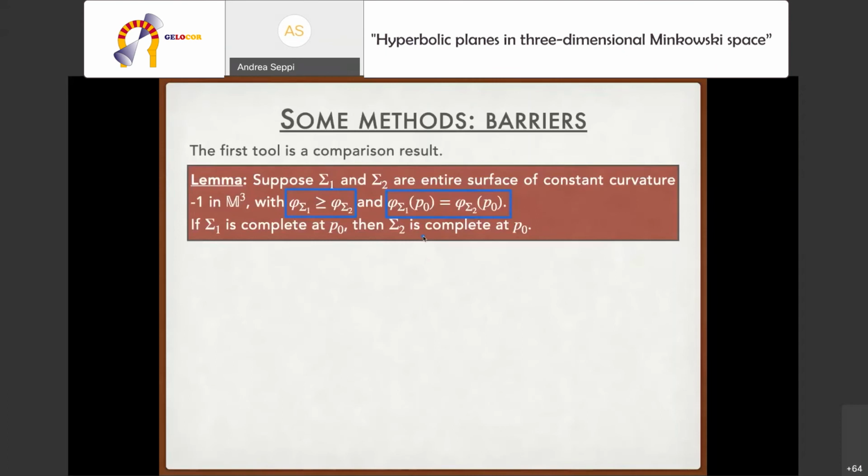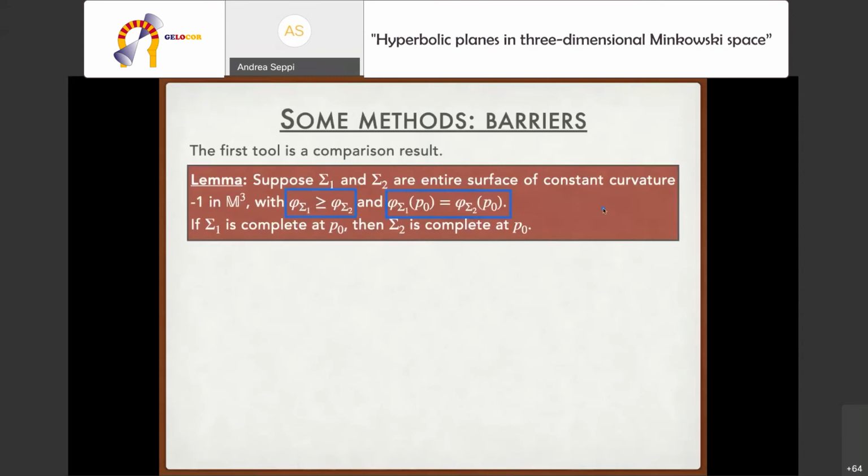Why is that, heuristically? Because these 2 surfaces are asymptotic to the same light-like plane, but this inequality tells us that one is below the other. So if the one which is closer to the light-like plane is complete, then the other one, which is above, is further. So a fortiori, it will also be complete.